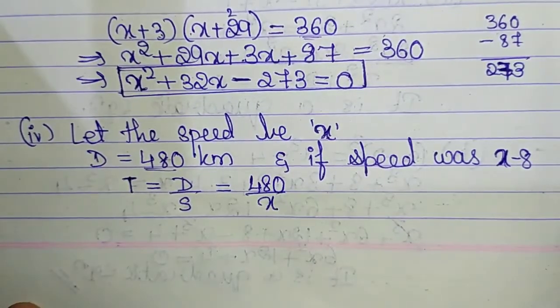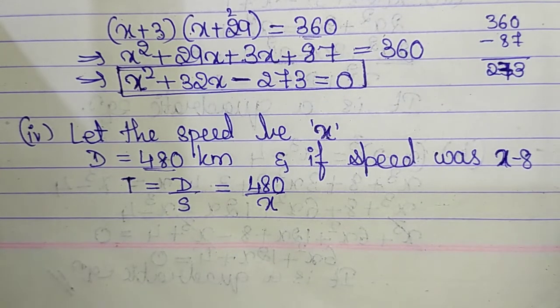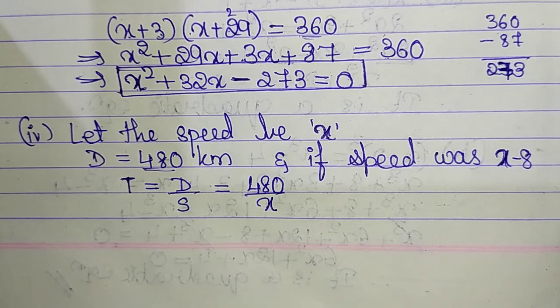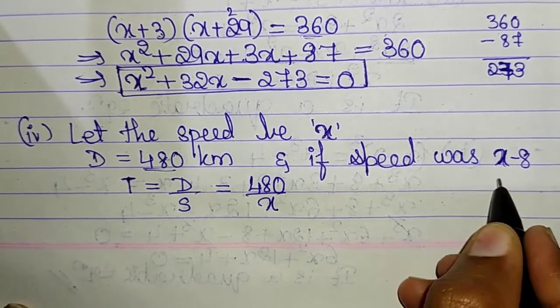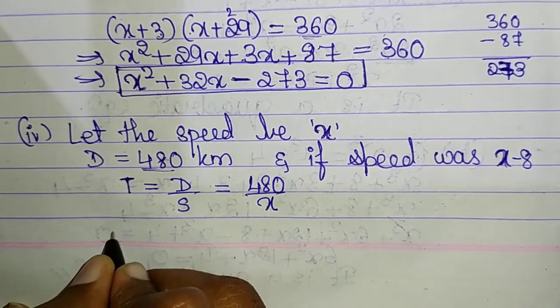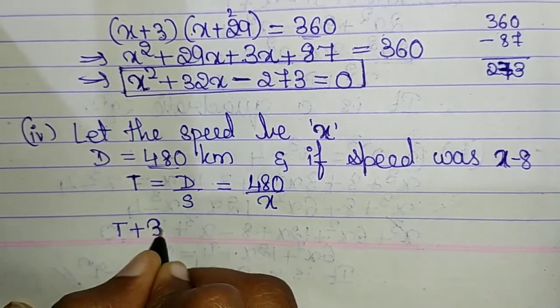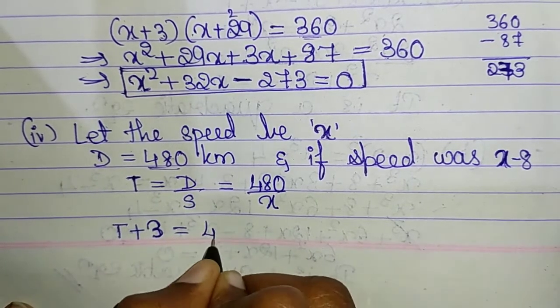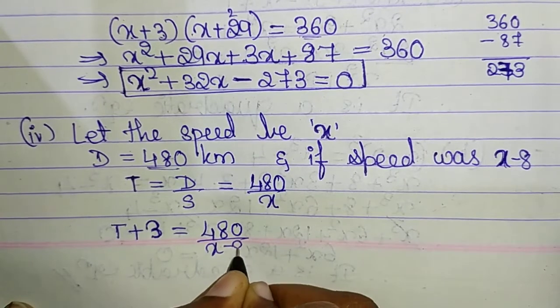Similarly, the time would have been 3 hours more to cover the same distance if the speed was 8 km per hour less, then the time taken would be t plus 3 hours. So which will be equal to 480 kilometers by x minus 8.